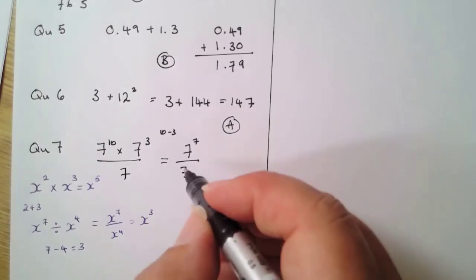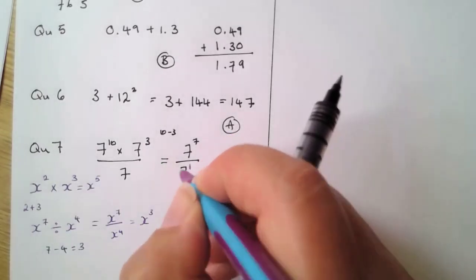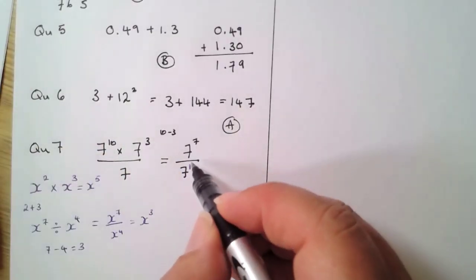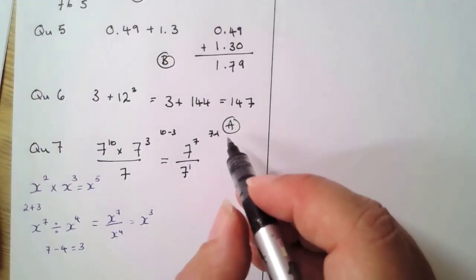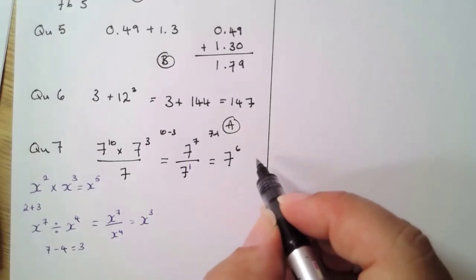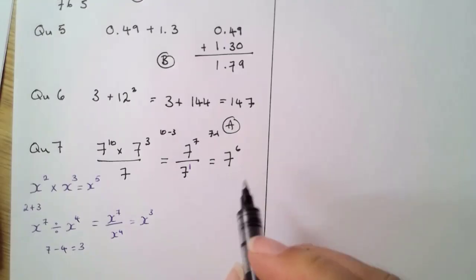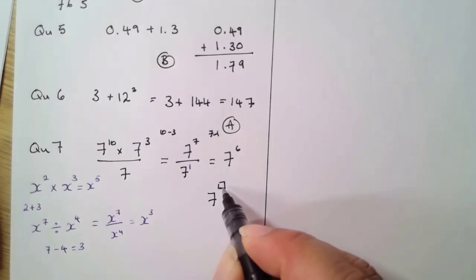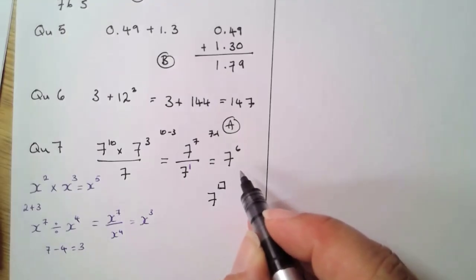Now that 7 is the same as 7 to the power of 1. It is an invisible number. Lots of invisible numbers in maths. 7 subtract 1 is going to give us 6, and that is the answer. We're asked in the question to do it as a single power of 6. We have to have 7 as the base with something up here, and that is what we've got.